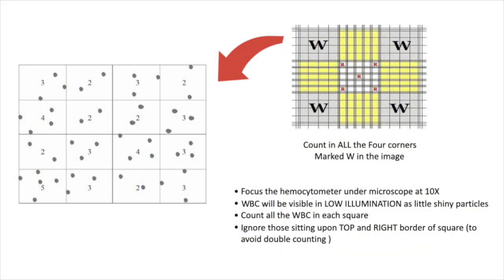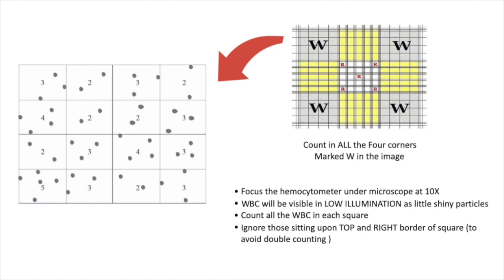Now focus the Neubauer's chamber under the microscope under 10x magnification and low illumination, and the WBCs would be visible as little shiny particles seen inside those squares. The WBC squares are the 4 big squares at the corners, each having 16 squares.